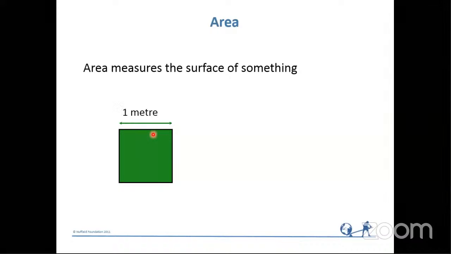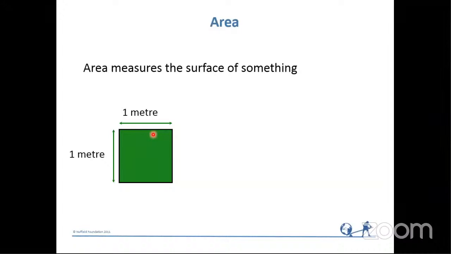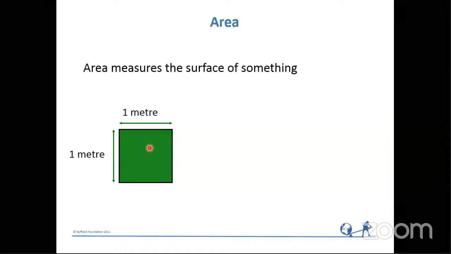So we are taking a square of 1 meter by 1 meter. We all know that all the sides of a square are equal. So how would we get its area? How do we get the area of this square whose sides are 1 meter? How do we get its area?